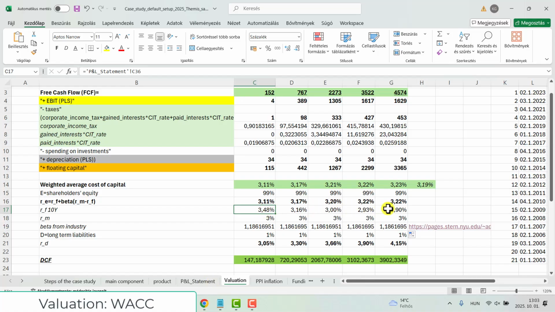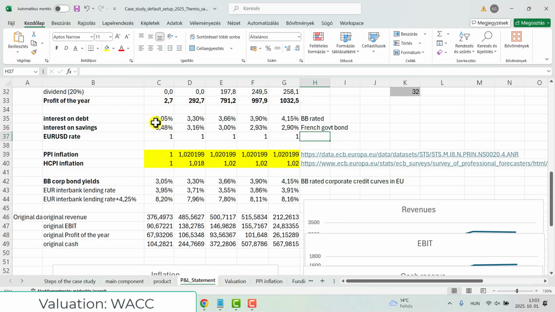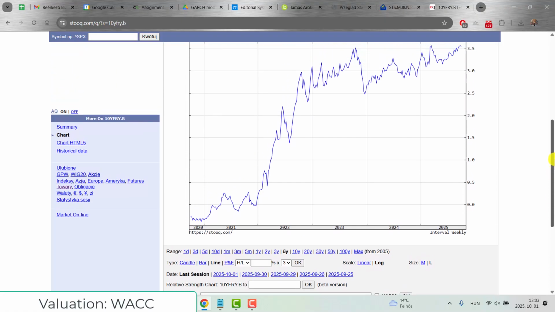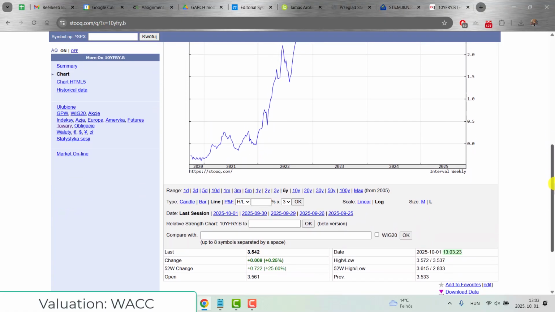Yeah, this is what we are missing right now, because the French government bond data should be imported from here. I just cannot import this right now because of one of my colleagues who's not supposed to use this one.